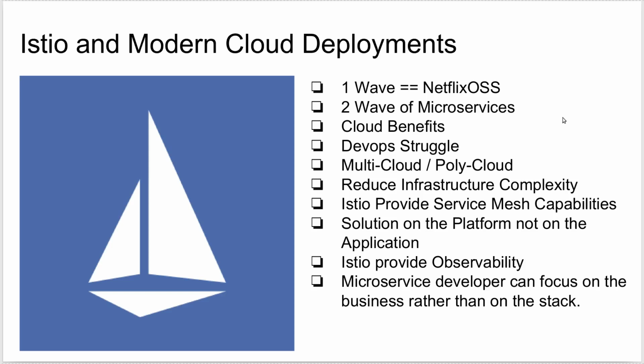However, Istio helps us remove some of the DevOps struggle because we want to do multi-cloud and poly-cloud right now. So we want to be able to run our workloads in different clouds and not be coupled with the cloud vendor. So we need some kind of infrastructure abstraction, and Kubernetes and Istio provide that. And also we want to reduce the infrastructure complexity.